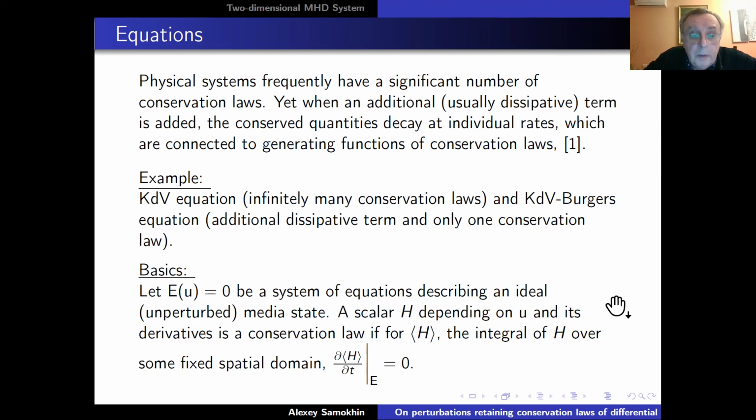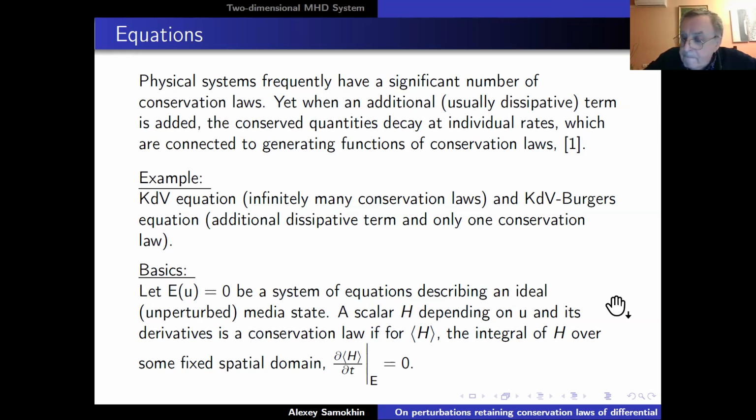The famous example is the KdV equation, with infinitely many conservation laws and symmetries, and KdVB, the Burgers equation with an additional term and only one conservation law.